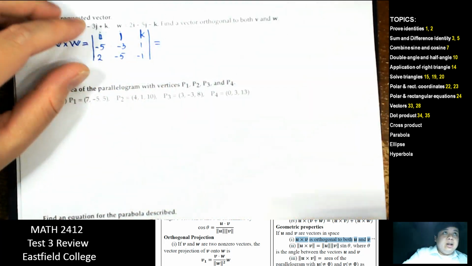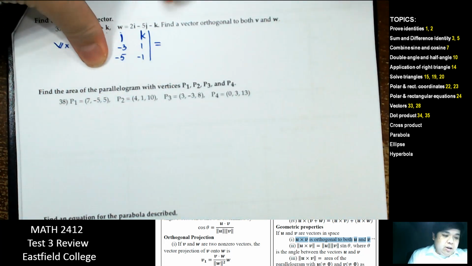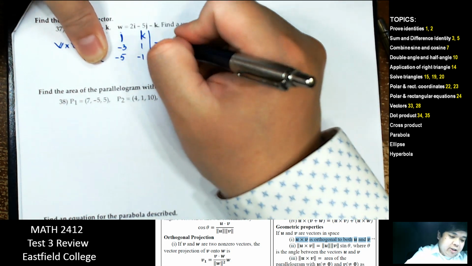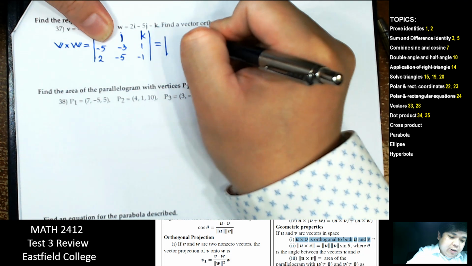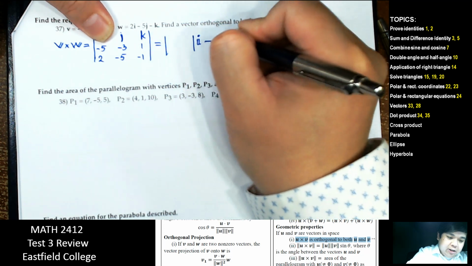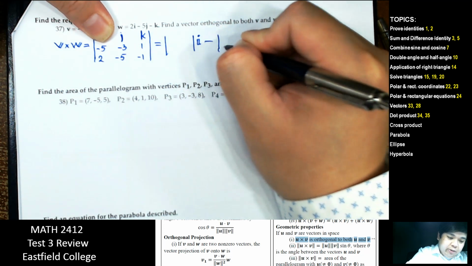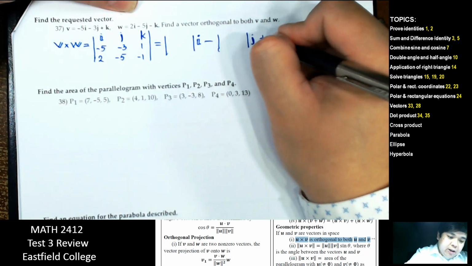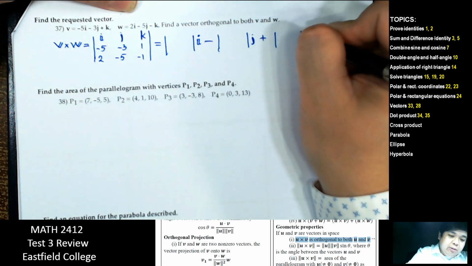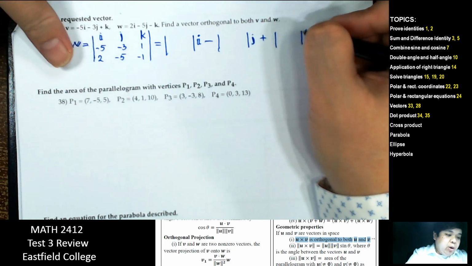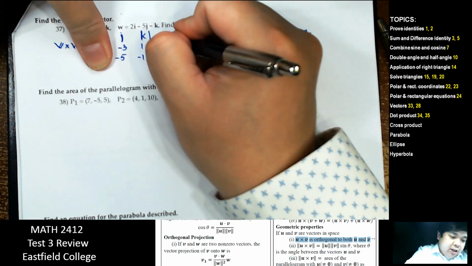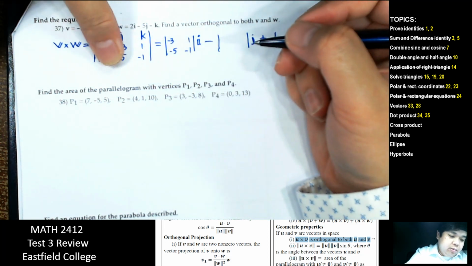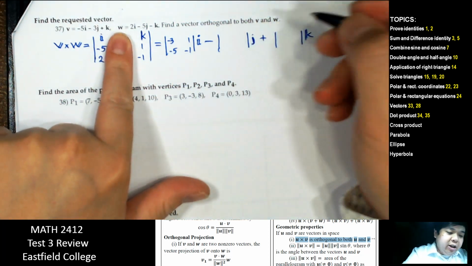So first, cover the row and column for vector i, for negative vector j, and then for vector k.